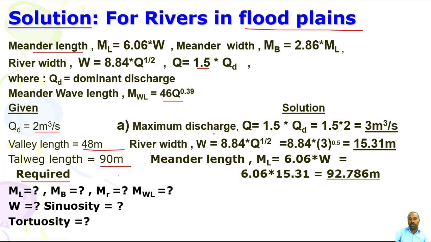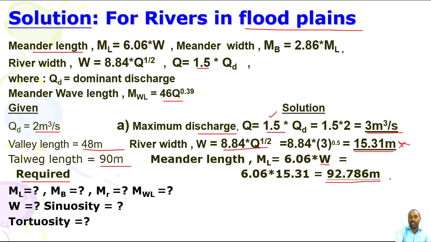Maximum discharge, let us take 1.5 times the dominant discharge; it ranges from 1.5 up to 2. So you have 3 cubic meters per second, and river width is 8.84 square root of Q, which gives 15.31 meters. Meander length is 6.06 times river width; plugging in W, you get 92.786 meters.